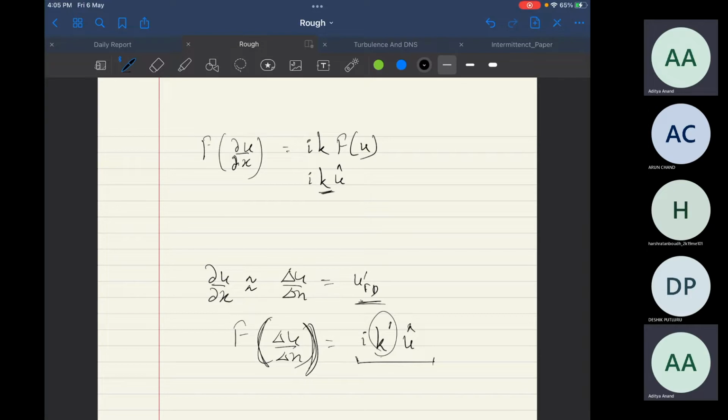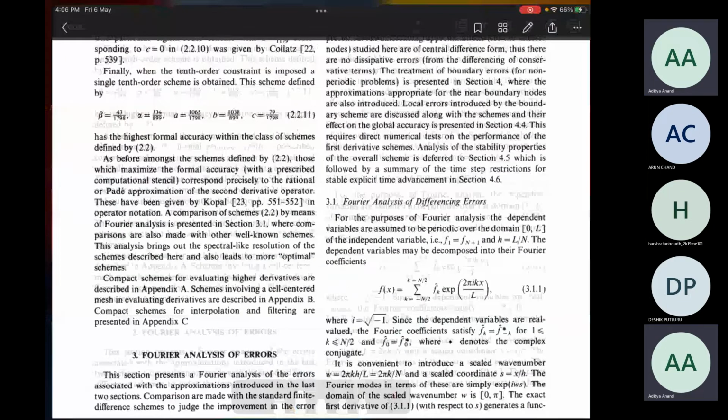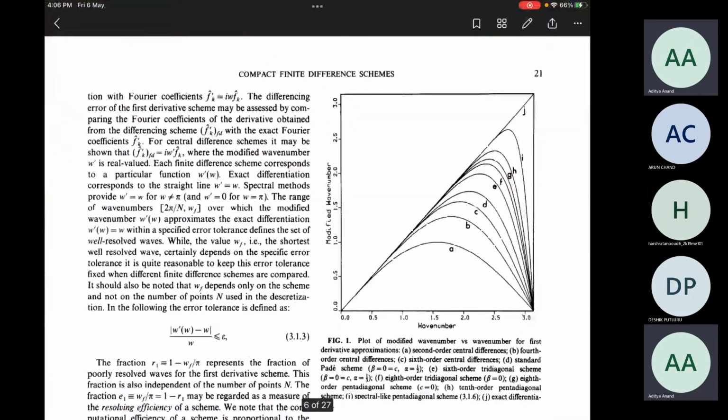So for this, what they do is they plot k prime by k as a function of k. We'll go back to this paper here.